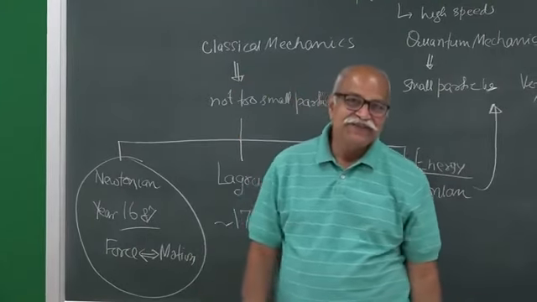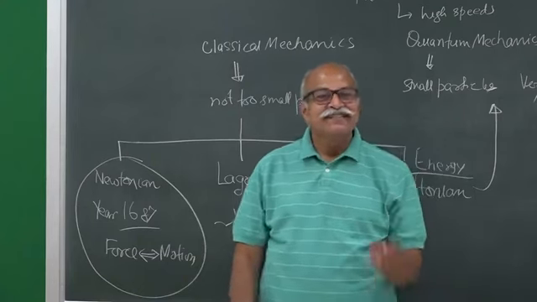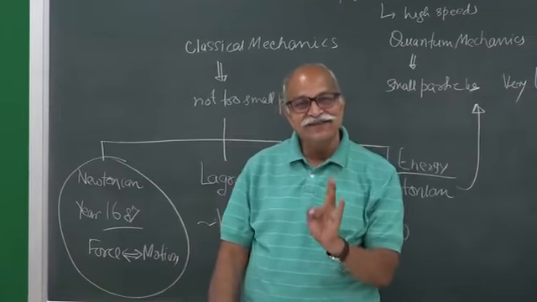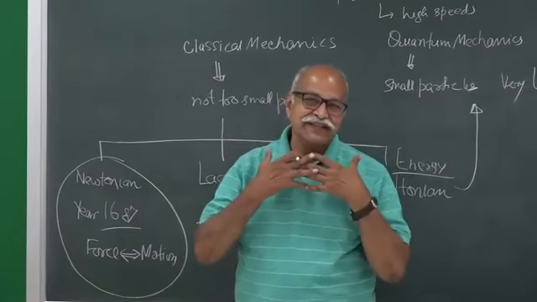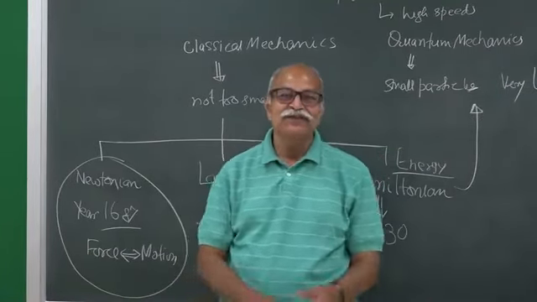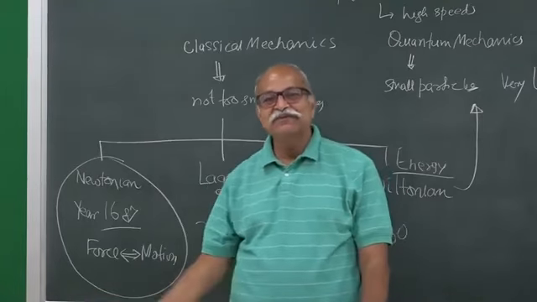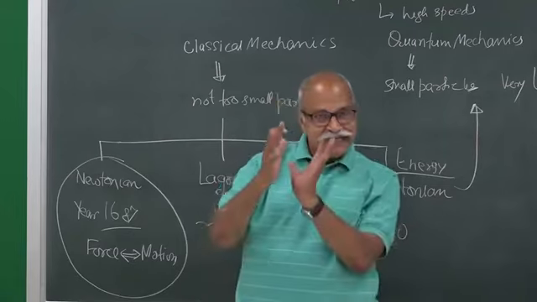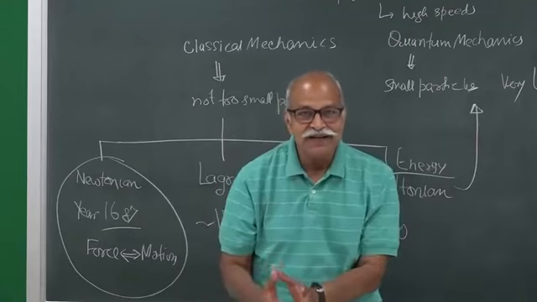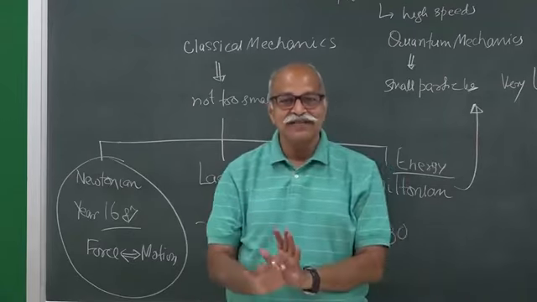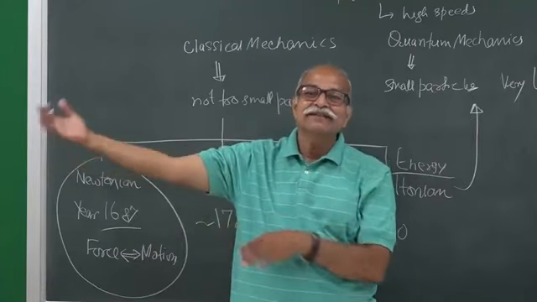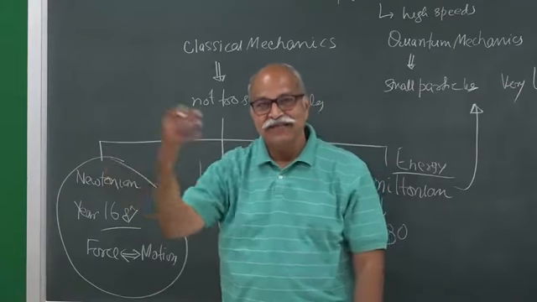You all know that it is governed by 3 laws of Newton: first law, second law and third law. And then there are very well structured equations, F is equal to ma. You solve them to get the future of that particle. Once you know the present of the particle and the forces acting on it for each instant to come, you can predict the whole trajectory of that particle.